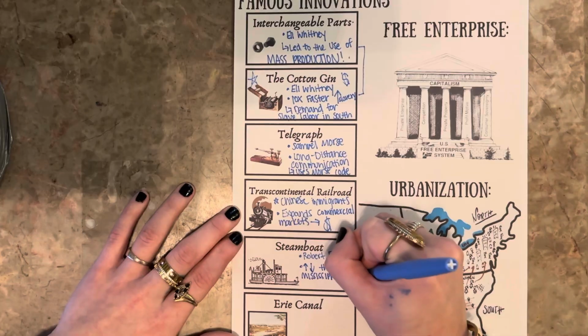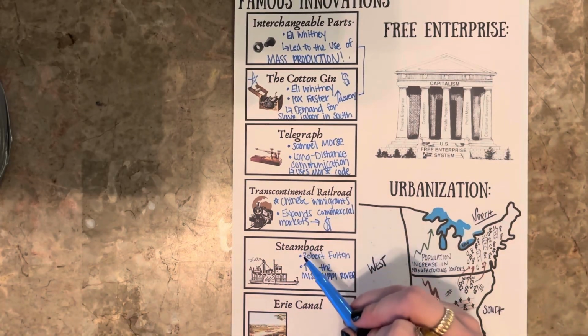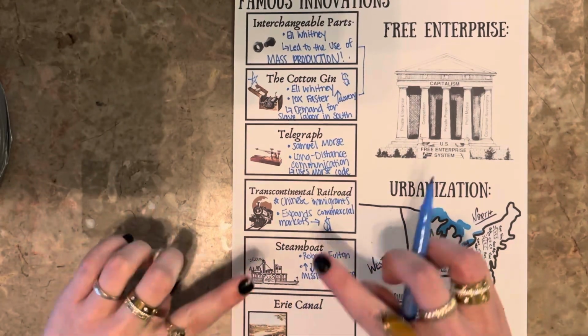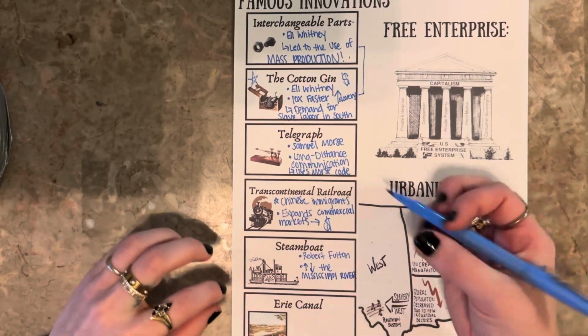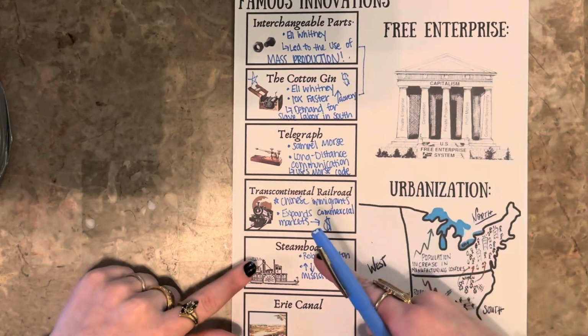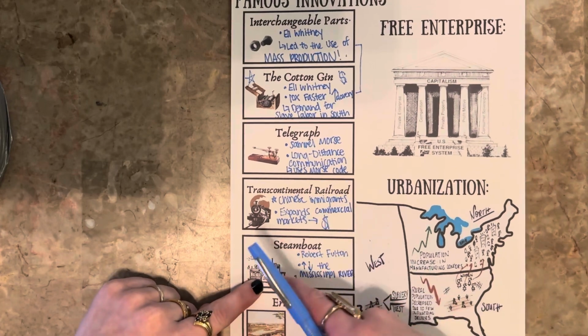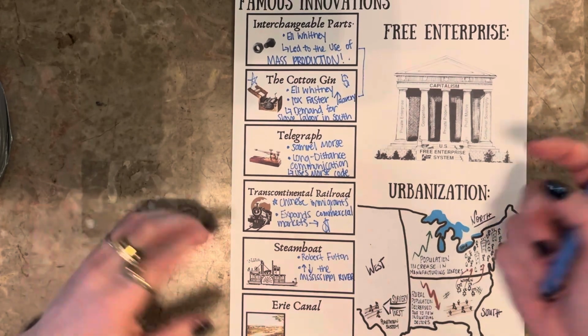So we know the Mississippi River is the most important river we learned about this year, and this steamboat will allow you to travel both up and down the Mississippi, which is something that we weren't necessarily able to do before. So that's really going to help us with moving goods efficiently. Okay, so costs for transporting these goods will also decrease. It's going to cost a lot less money to transport these goods wherever you want to bring them.